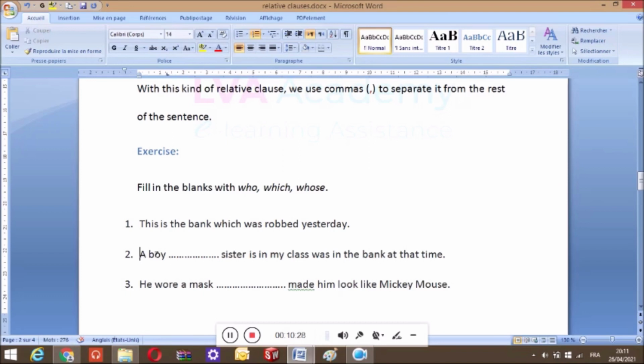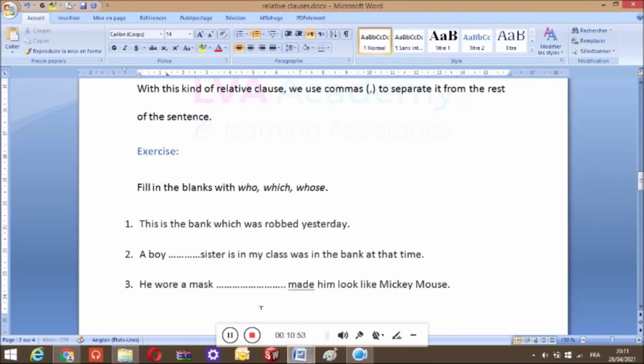Number 2, a boy blank sister is in my class, was in the bank at that time. Now, here we have a boy who is a person. So, we will either use who or whose.